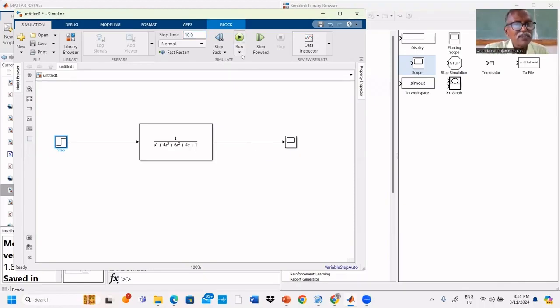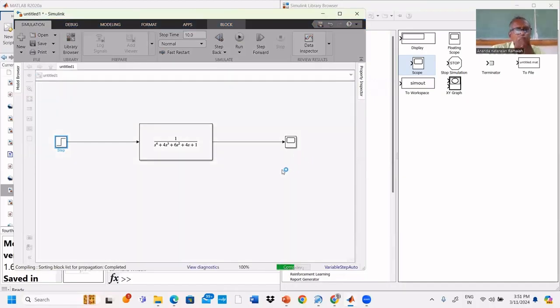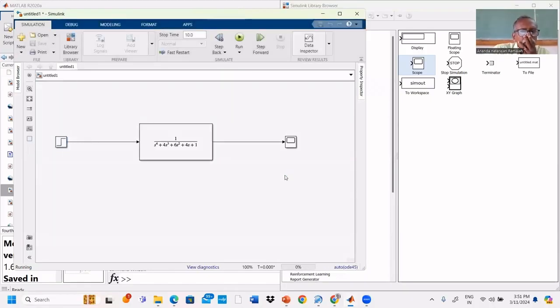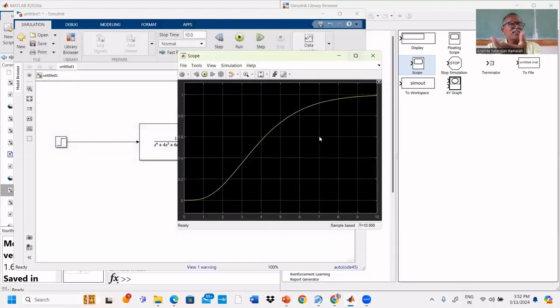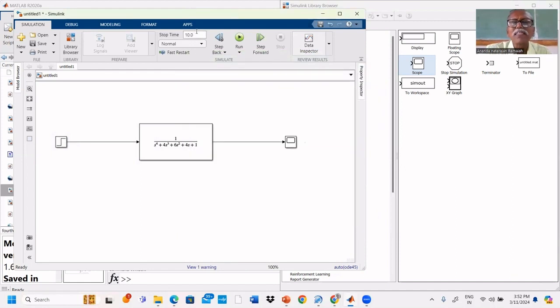Let us check. Yes, it is not yet settled. That's why we have to simulate for at least 20 seconds.